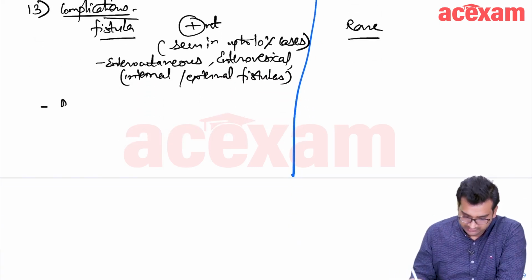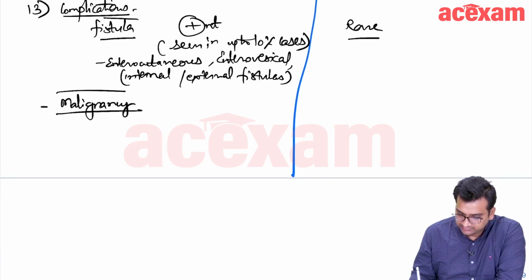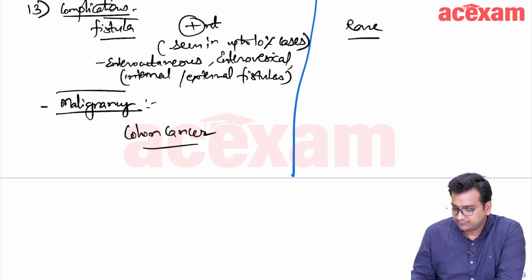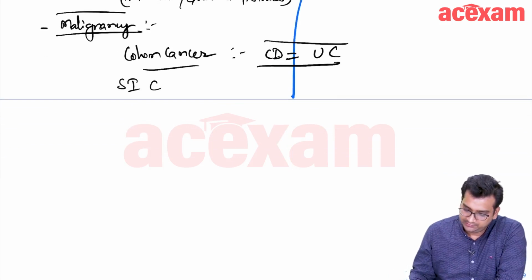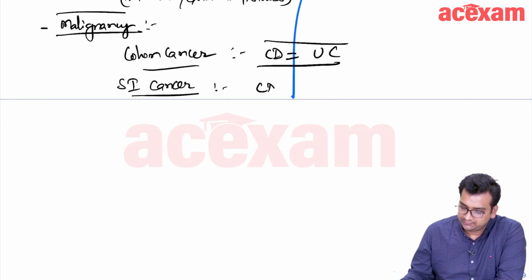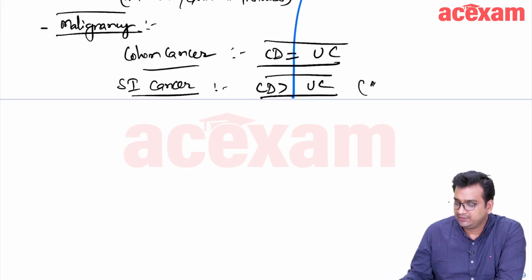Now the next point is malignancy, which we have already discussed. Colon cancer in Crohn's disease is similar to ulcerative colitis. Small intestine cancer is seen more in Crohn's disease than in ulcerative colitis.